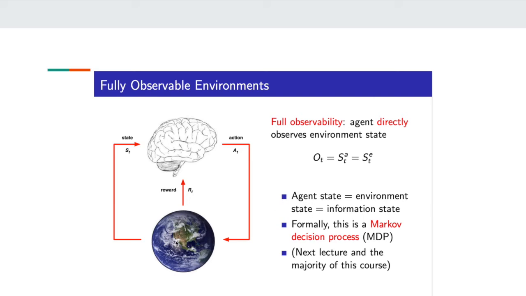And if this is the case, then we formally call this sort of reinforcement learning problem a Markov decision process. Don't worry if this doesn't make too much sense, because if we delve into this topic of reinforcement learning further, we're going to spend a bunch more time talking about the Markov property and Markov decision processes.